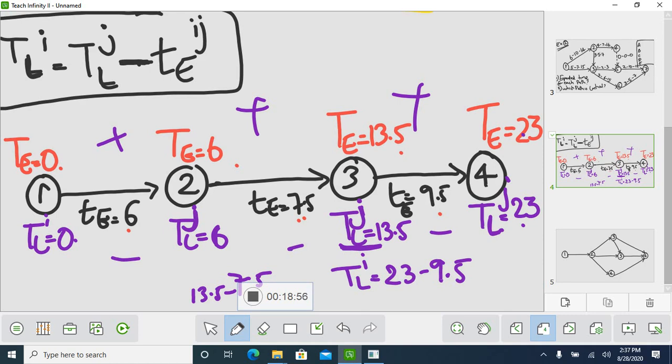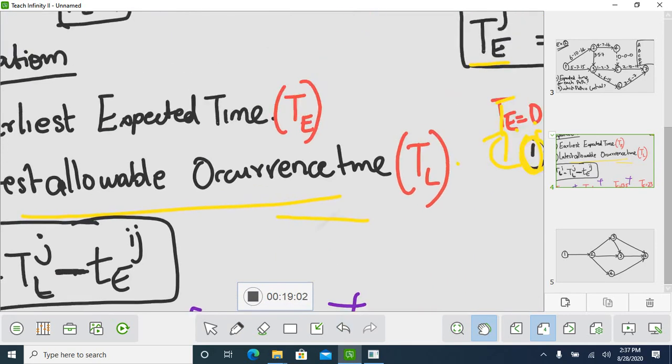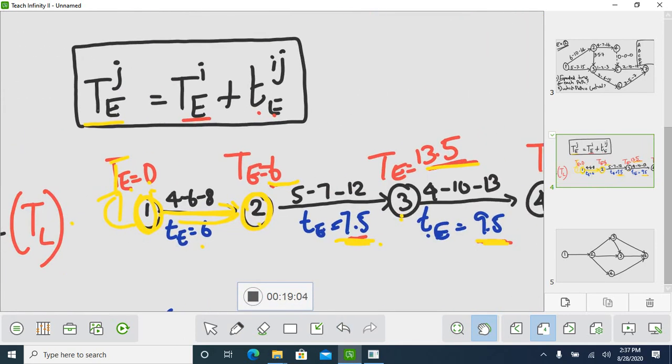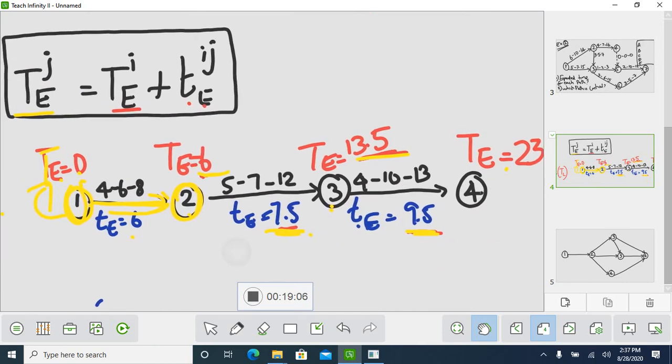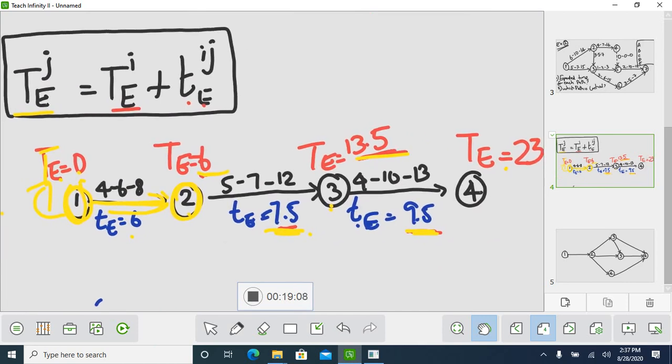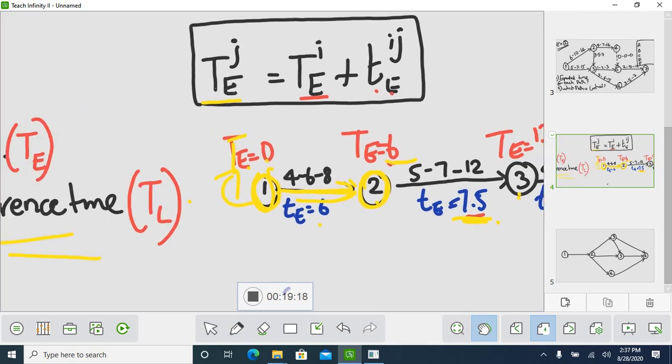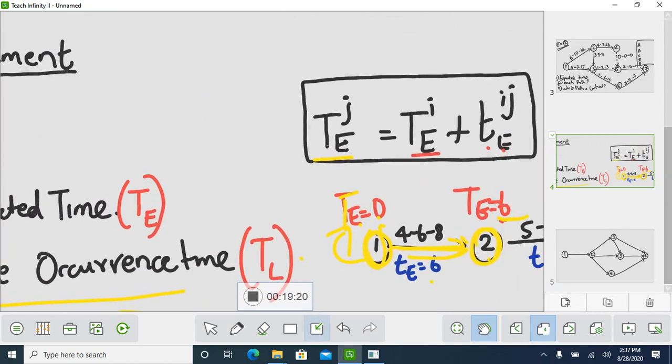Now I have given you an example for the latest allowable time, same as for the earliest expected time. So these are the two examples. So you know what is the earliest expected time, the latest allowable occurrence time, and the expected time. So these three you are clear about, I hope. So note down the formulas.